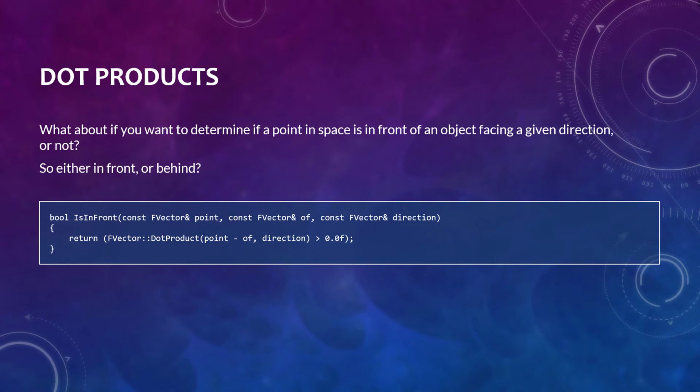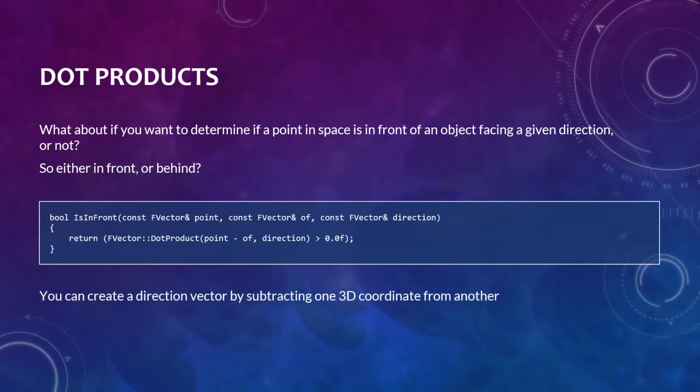Now, let's take a moment to note the vector arithmetic there. You see where we subtract of from point in the first parameter to dot product. What this does is create a direction vector from of pointing towards point. And picture that in your mind.